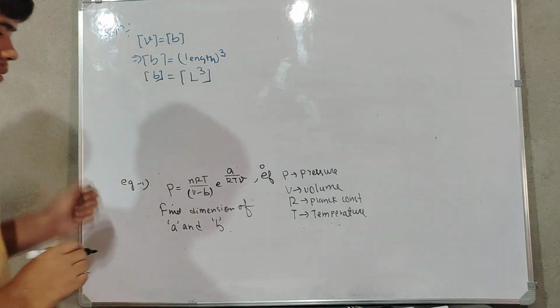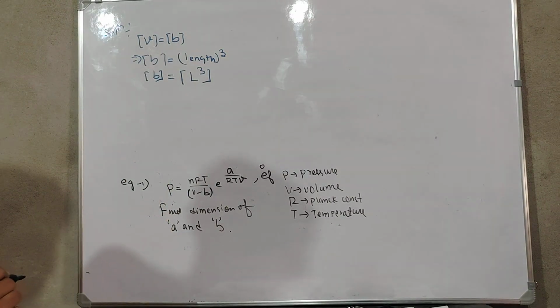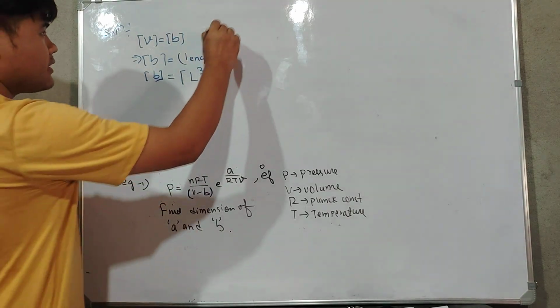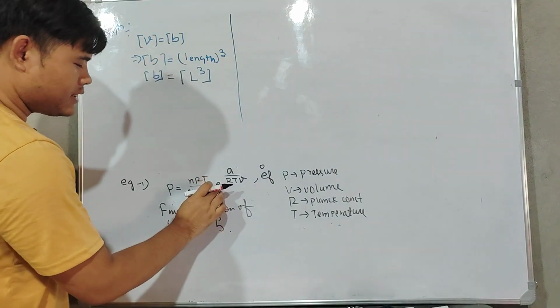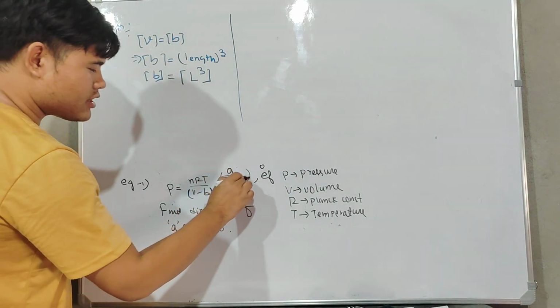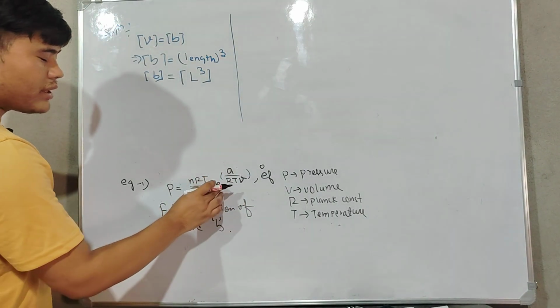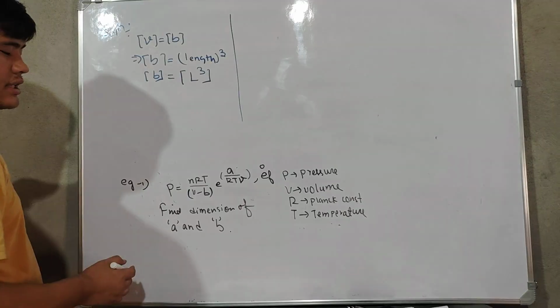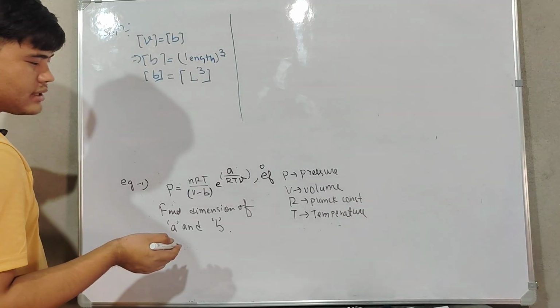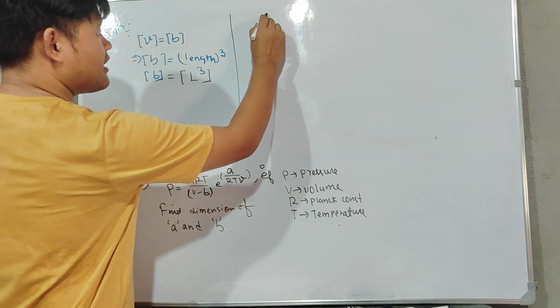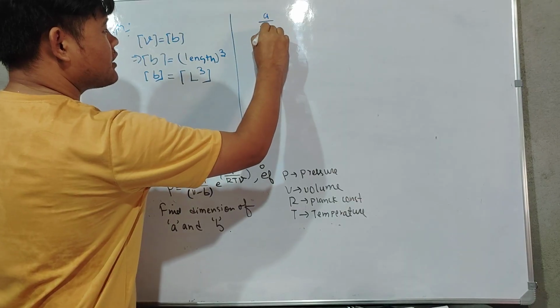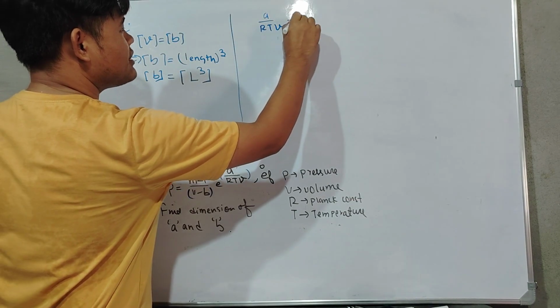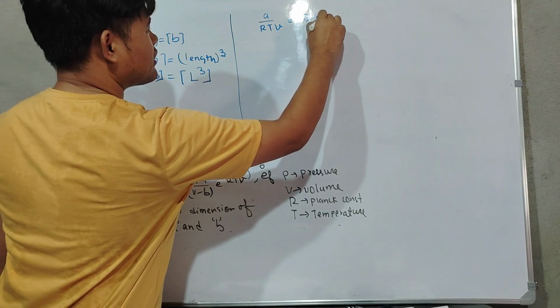Now we have to find the dimensions of a. See, the exponent is here, and just now we learned the rule that whatever is in the power of an exponent is treated as dimensionless. So that means a by RTV is dimensionless.